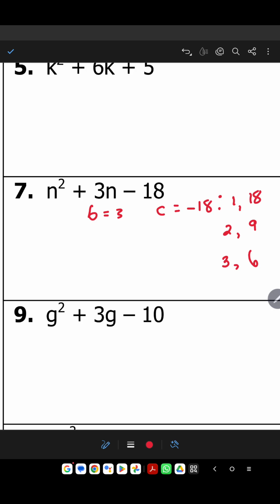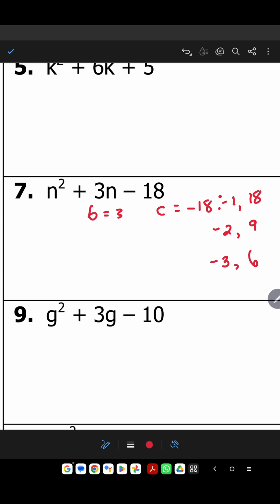If we were to have a negative 18, one of the pair must be a negative. So let's check it. This would be negative 1, negative 2, and negative 3. Negative 1 times 18 is equal to negative 18. Negative 2 times 9 is equal to negative 18. Negative 3 times 6 is equal to negative 18.